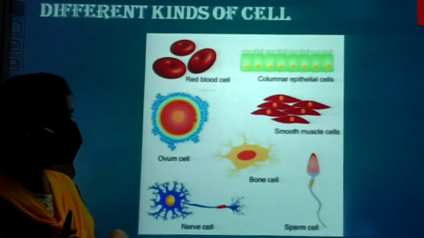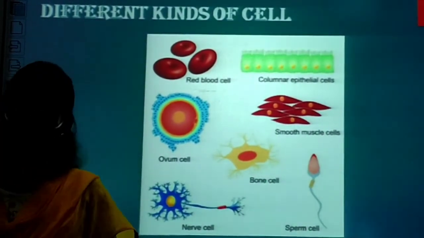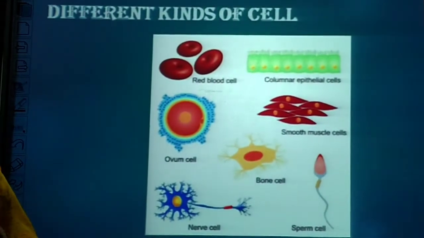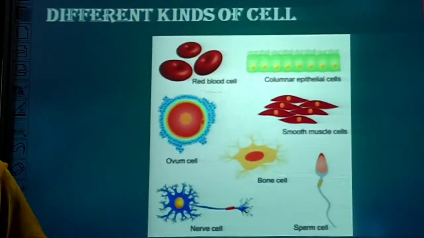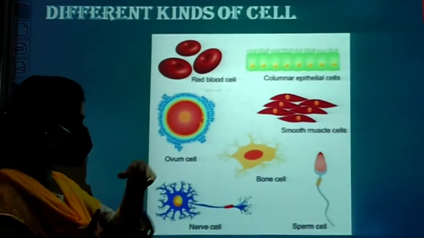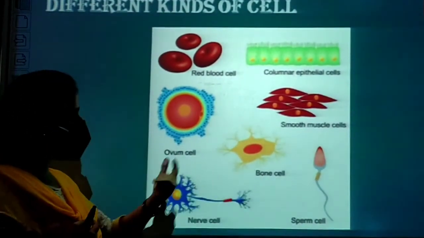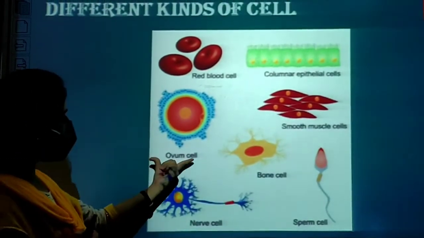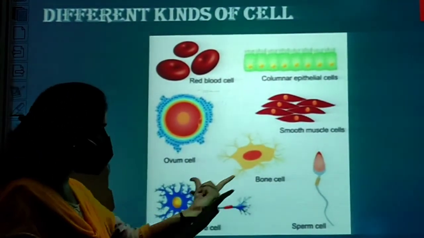Now, smooth muscle cells are the cells which comprise the smooth muscle organs; visceral organs are made up of these smooth muscle cells. Now, bone cells are like this ovum-shaped cell; bones are made up of this type of cell.